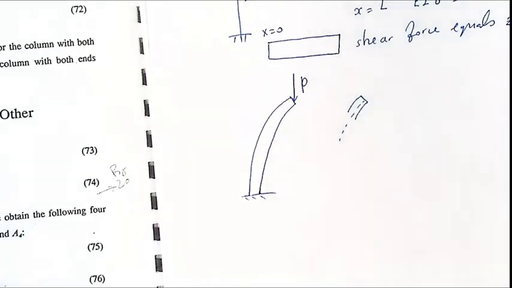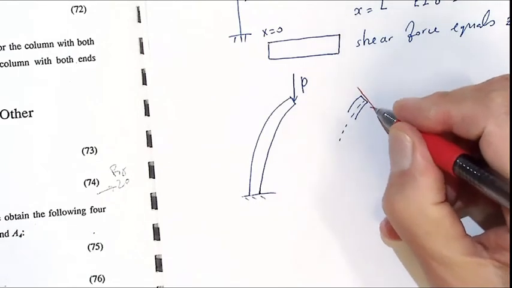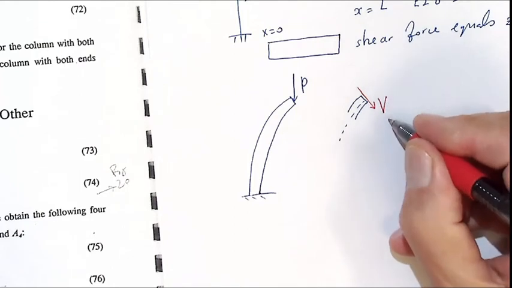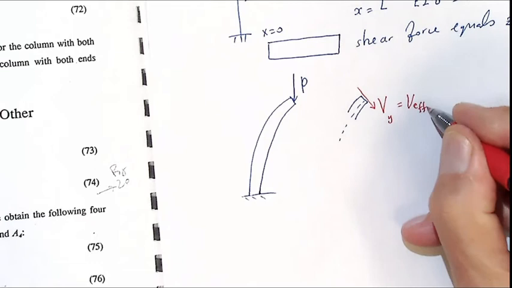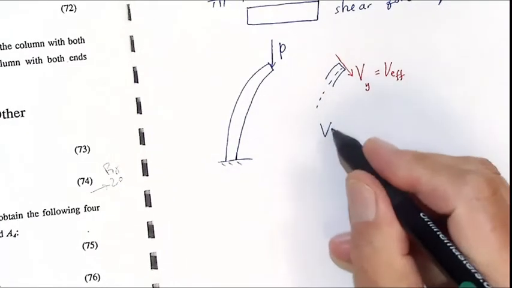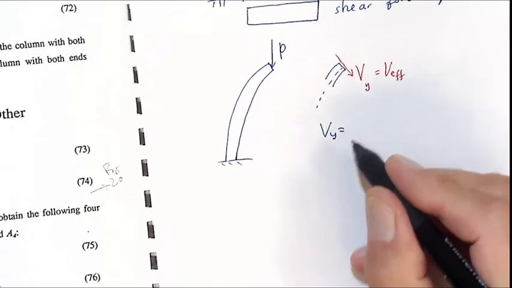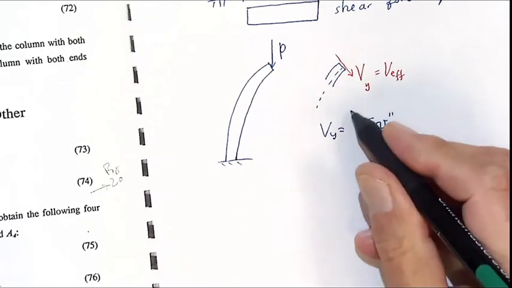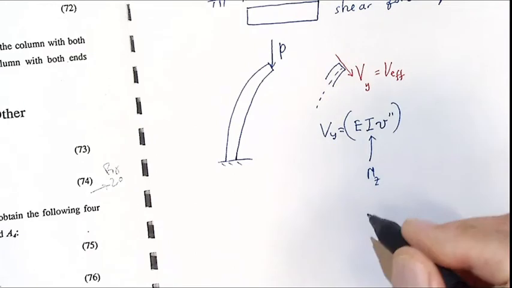That means that this force is in this direction, and we call it Vy or V effective. So what we know about shear force is that shear force equals EI V double prime, which is a bending moment, first derivative.